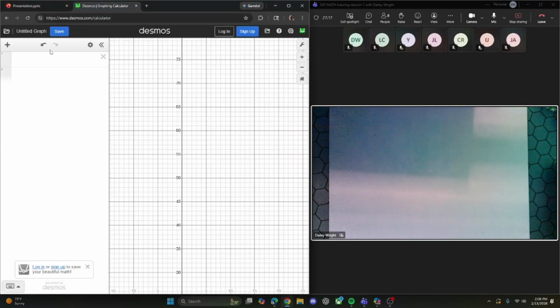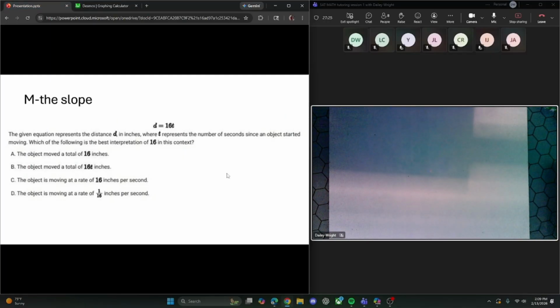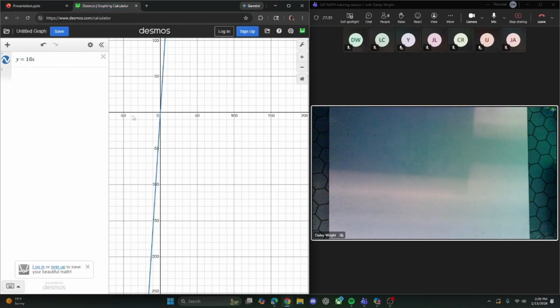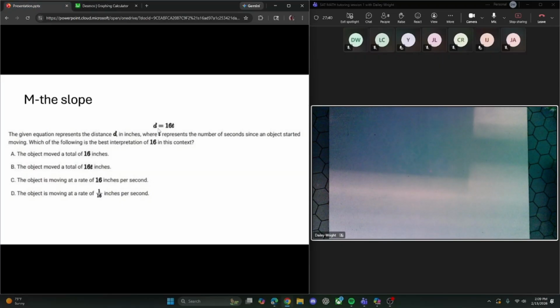D equals 16t. I always like to exchange the d for y and t for x because t is obviously going to be your x here because it's a time interval, number of seconds. Usually the time is going to go on the x-axis. And y is just going to be your d, the distance it travels.